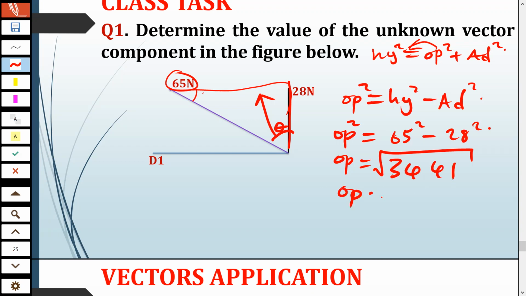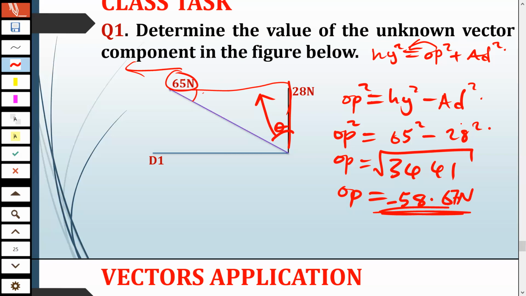So the opposite is going to be the square root of that, which is 58.6, so 58.67 newtons. So that is going to be your force there. But because it's facing towards the negative side, it has to be negative.